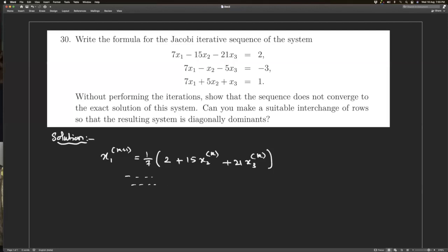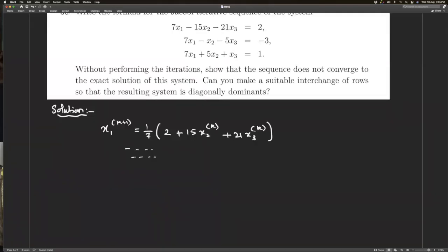If you recall, the condition is that if the spectral radius of the iteration matrix is less than 1, then the sequence will converge. And the converse is also true. Therefore, one can check the spectral radius of the iteration matrix.